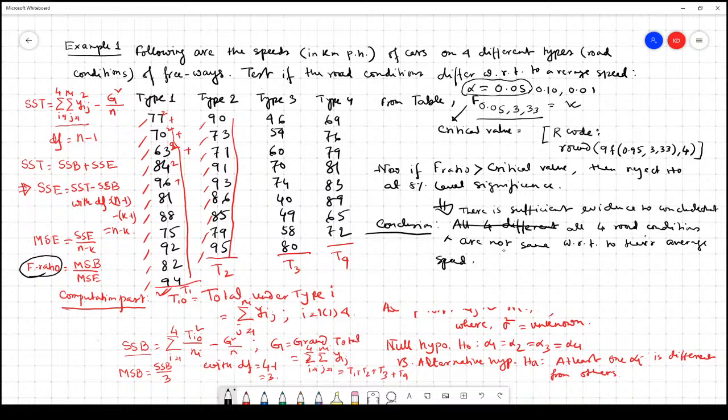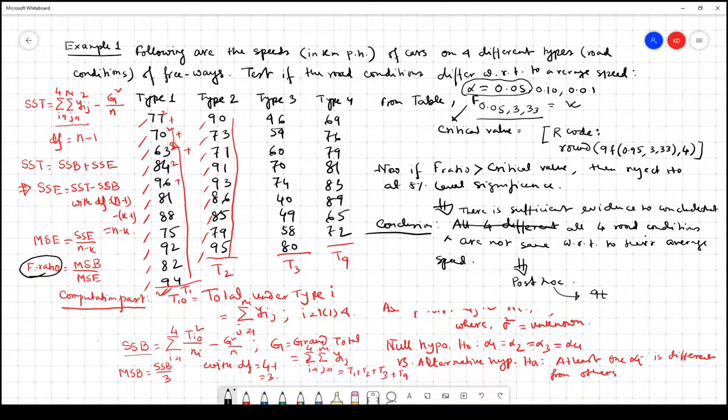And then we need to perform the post-hoc test. We already discussed the post-hoc test. For the critical value for the post-hoc test, you can use the T table, or otherwise you can use R command.